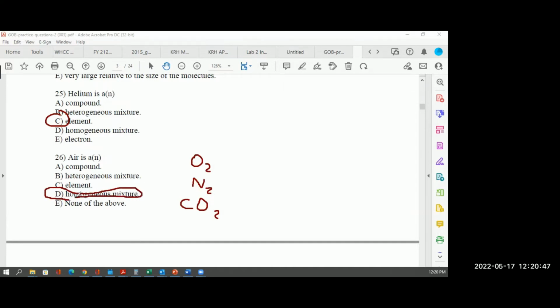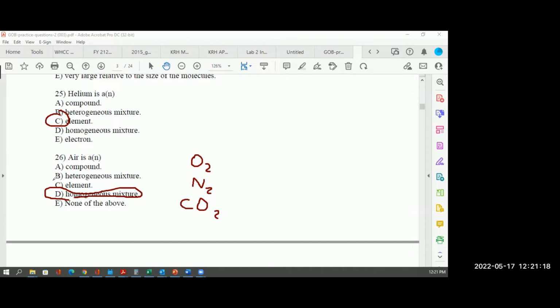Okay, what is the difference between homogeneous mixture and heterogeneous mixture? If you're a heterosexual, that means what? You like the same sex or different sex? Different. Now if you're a homosexual, you like the same.